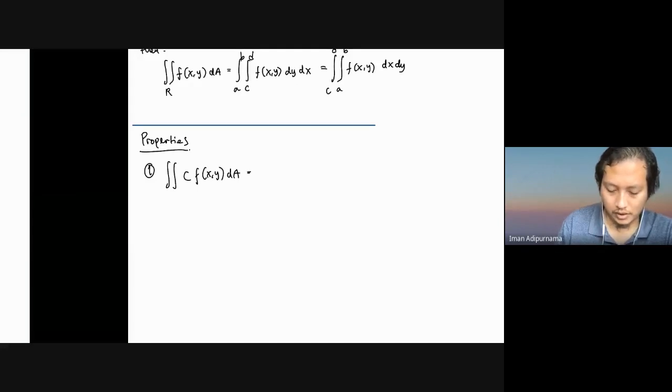Of course, if C is a constant, you can factor this C out of the double integral.